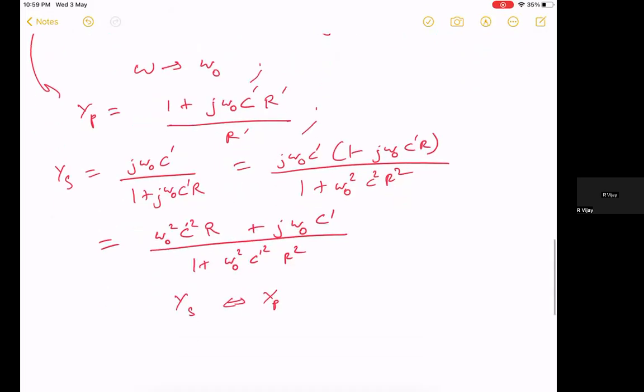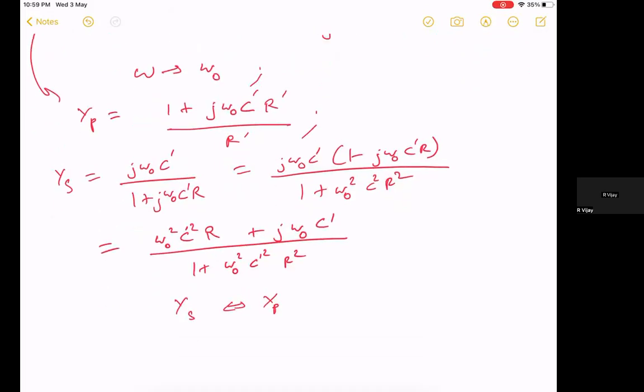And you use the fact that C prime is very, very small, which means that 1 over omega naught C prime is going to be much, much greater than R. So remember, omega naught C prime is essentially the impedance of the series capacitor, right?